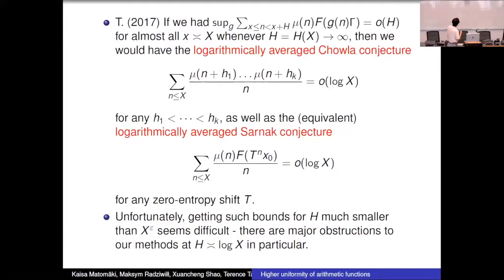You almost get the Chowla conjecture. You almost get control over all the correlations of the Mobius function, just with the caveat that you have to use log averaging rather than the natural averaging, and you also get a log version of the Sarnak conjecture. In fact, these two conjectures are equivalent.